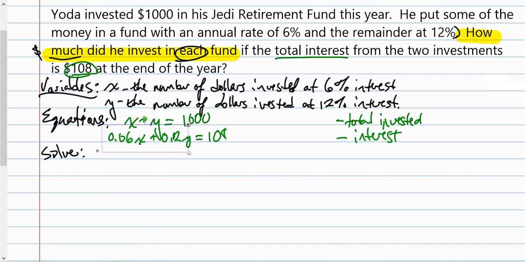So to solve, I'm going to look at my two equations. X plus y equals 1,000 and 0.06x plus 0.12y equals 108. Now, again, you could choose substitution or elimination. We've done a lot of substitution lately, and I know that the next few slides will also be substitution, so we are going to do elimination.